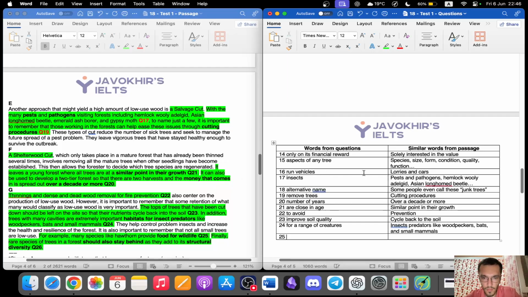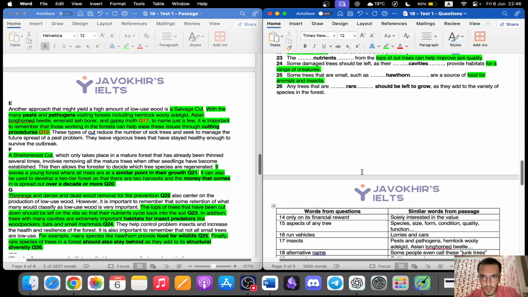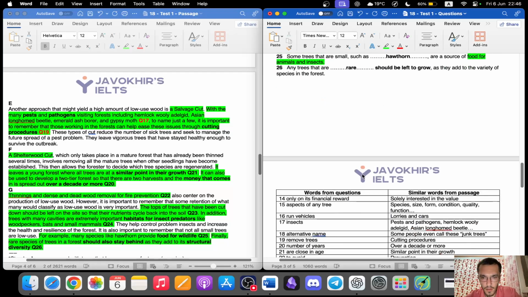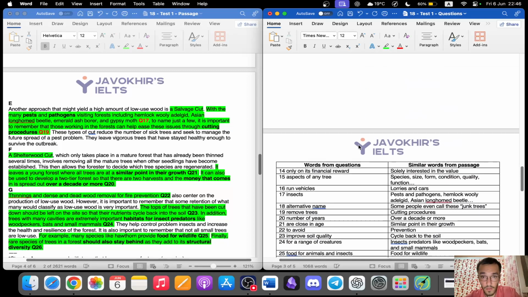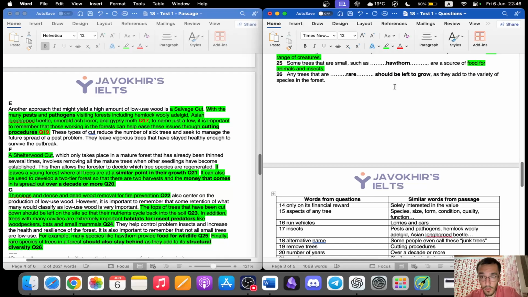25 is food for animals and insects. Food for animals and insects, or food for wildlife. And last but not least, 26 we have is should be left to grow.